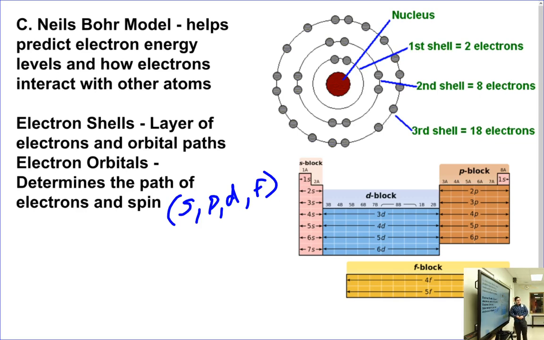So if we were looking at the quantum model, not only can we tell where the electron is at, we can also tell what path it's going to take. But we're not going to worry about that. We're just going to say, okay, can we know where the electron is at and how many there are? That's it. And then hopefully if we do a couple of classroom examples, this will make a whole lot more sense.